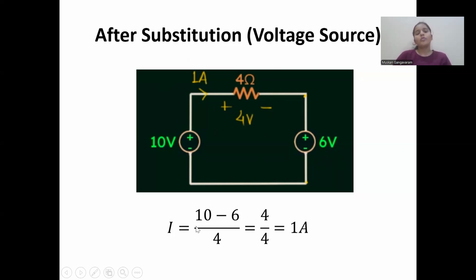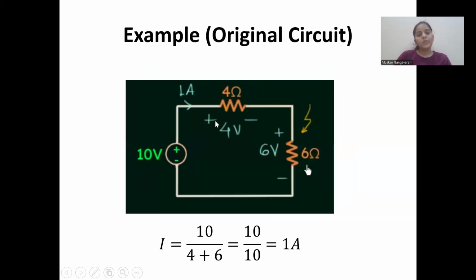With the help of the formula I is equal to V by R, we get the same value as the previous circuit, 1 ampere. Now, as the current is the same and the resistor value is the same, we get the same voltage drop at 4 ohms as 4 volts.